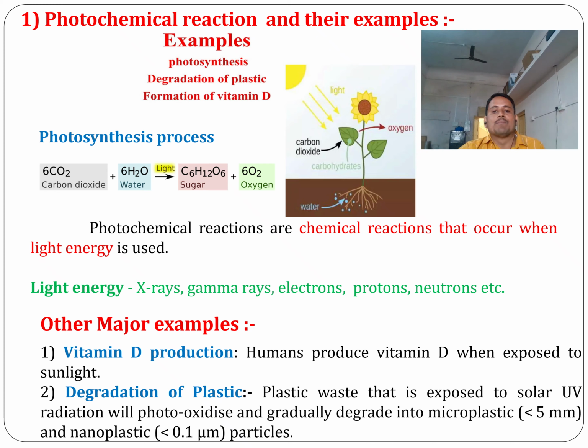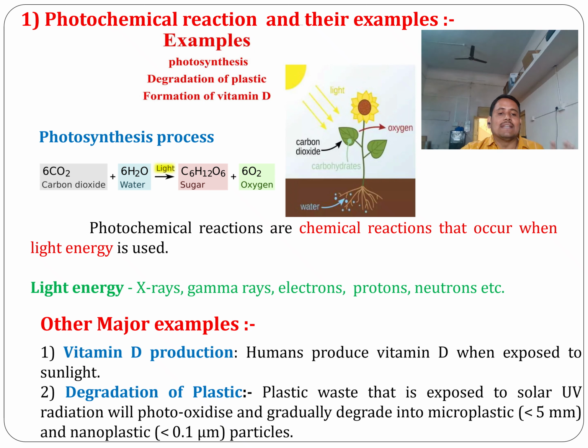This is a well-known example of a photochemical reaction that occurs in light. So, what type of light is required for photochemical reactions? First is X-ray, second is gamma rays, then electrons, protons, and neutrons. These radiations are used for photochemical reactions in daily life.